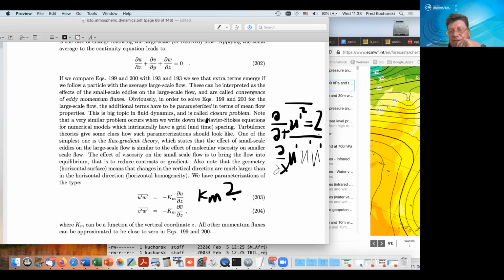For our turbulence theory, this is not possible. So this term, Km, which by the way can also be a function of the vertical coordinate, can be a function of stability of our situation. So in unstable and stable conditions, there can be different terms, and it can be a function of the roughness of the surface. But we cannot derive this from first principles.